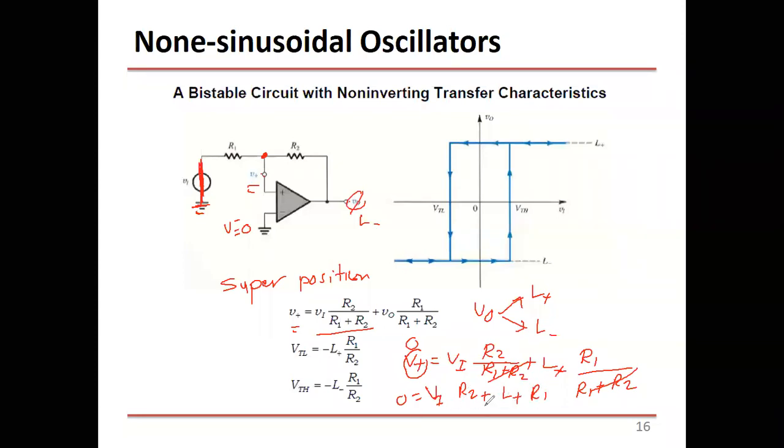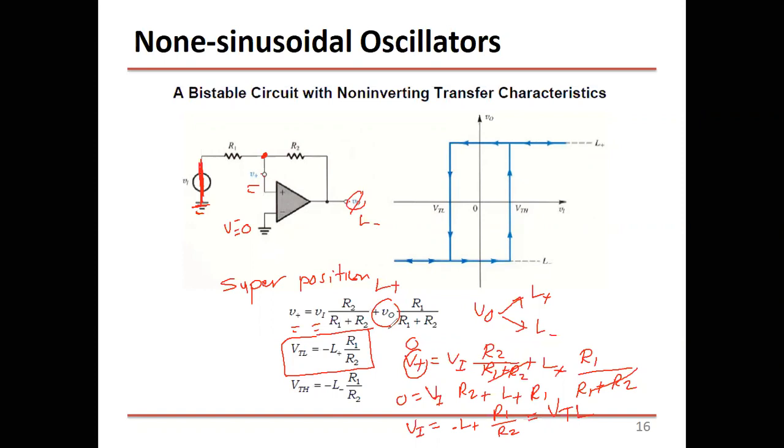If you solve for V input, you're going to have V input equals negative L plus times R1 over R2. And this is the threshold when you switch from positive to negative, or the negative to positive, and this is the V threshold, or V trigger low. So to find V trigger low, you just substitute V out with L plus and solve for V input.